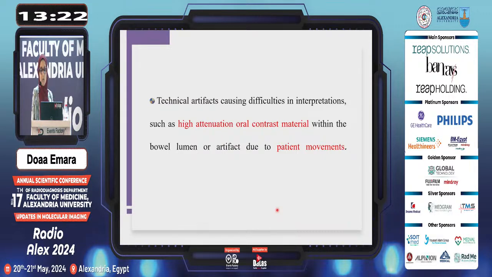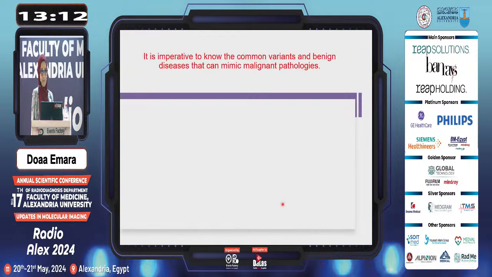Also, we have to know technical artifacts from, for example, high attenuation contrast within bowel loops and artifact from patient movement.